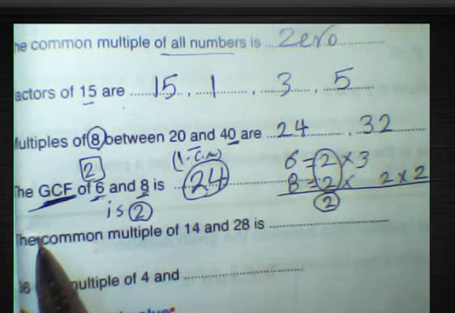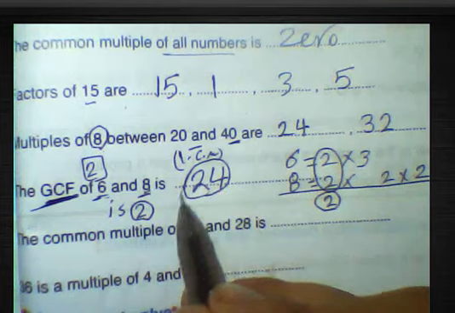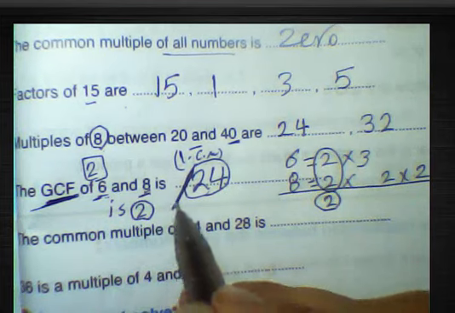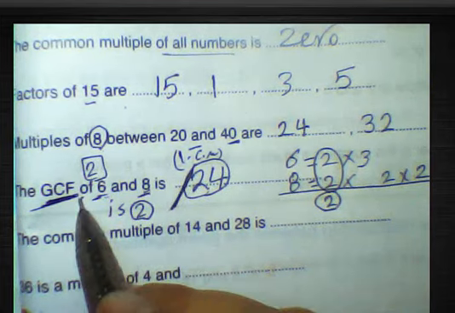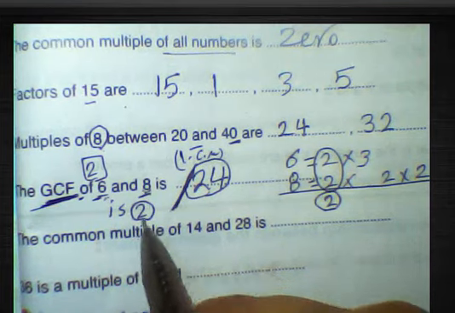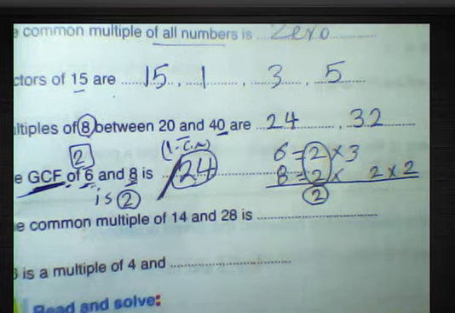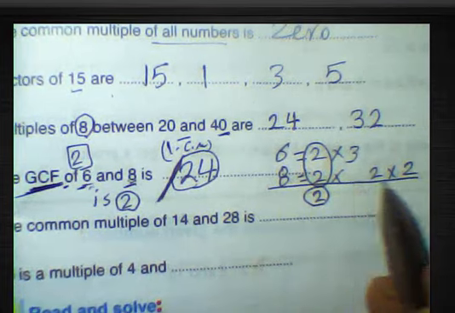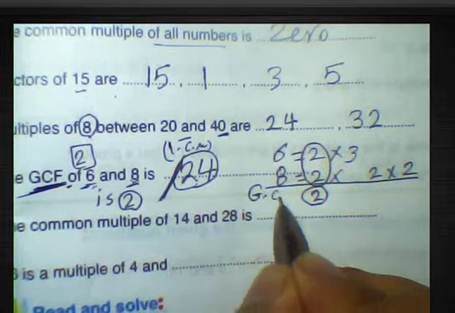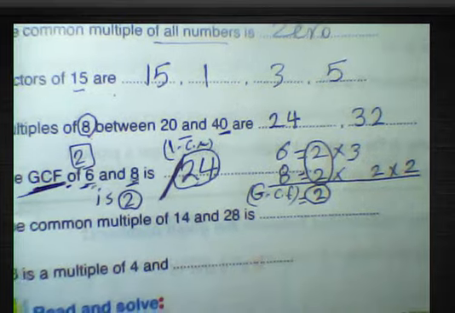Understood? 24 is the common multiple, but the greatest common factor of 6 and 8 is 2, because 6 and 8 can divide by 2. 6 equals 2 times 3 and 8 equals 2 times 2 times 2. We can circle the common 2 here.